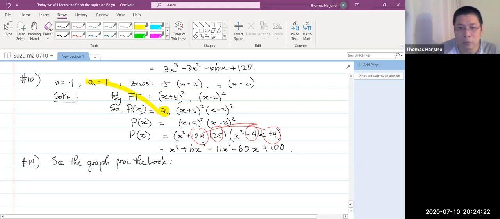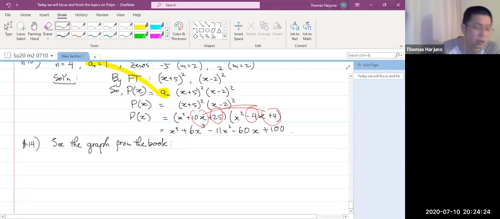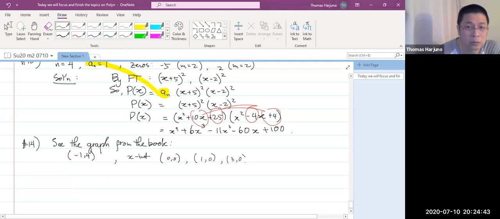Basically we see that it contains (-1, 4), and the x-intercepts are (0, 0), (1, 0), (3, 0), and (5, 0).